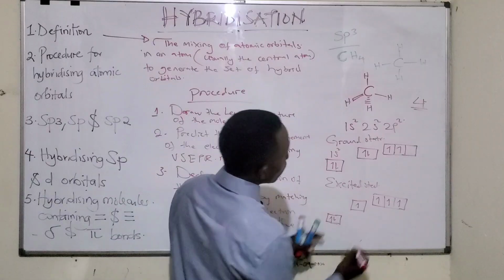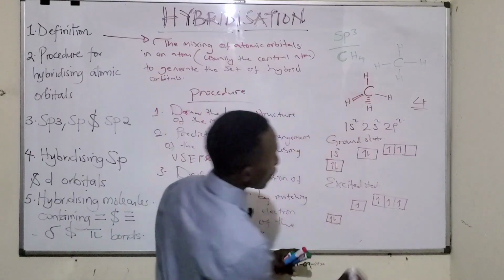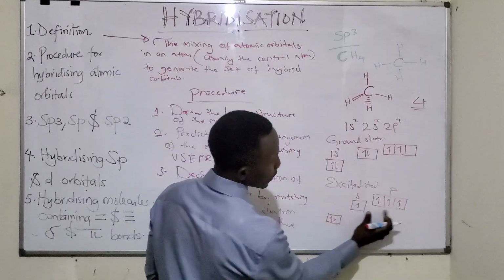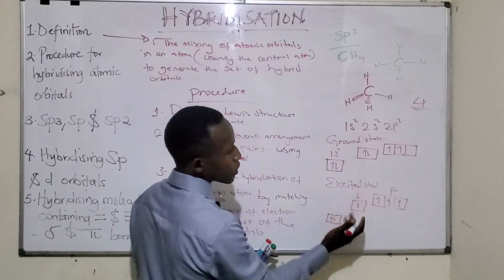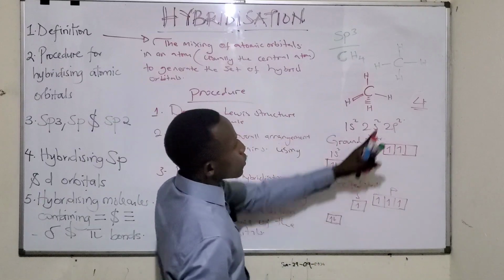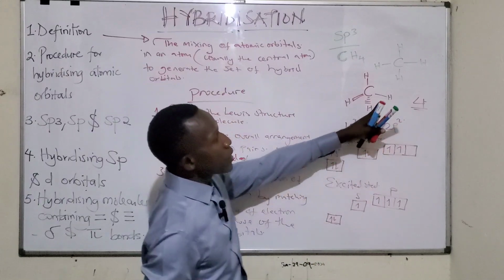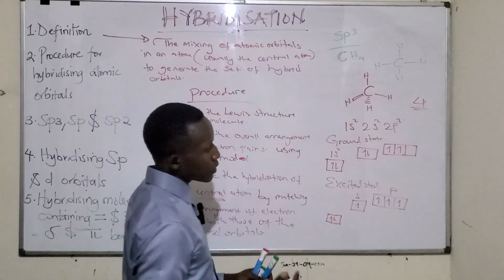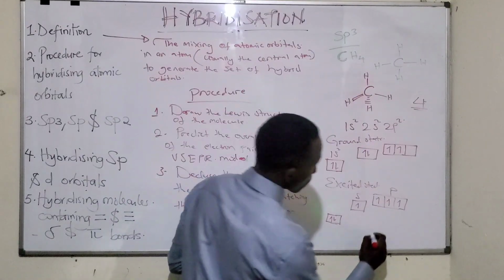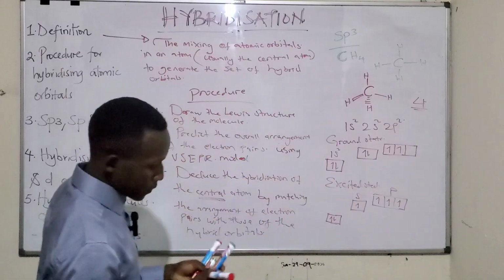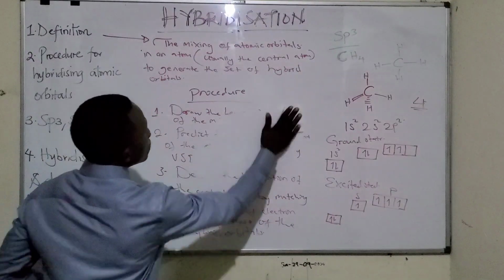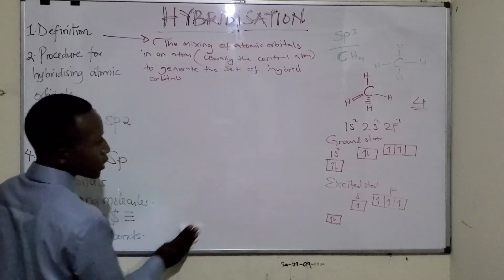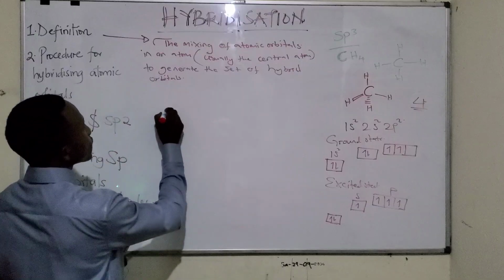Remember, this is the shape. Now this is s, this is p, and they are in different orbitals at slightly different energies. For it to hybridize, or to mix, and form bonds with the hydrogen, they should have the same energy levels, or they are called degenerate. So we shall have them here. You have to form degenerate orbitals.